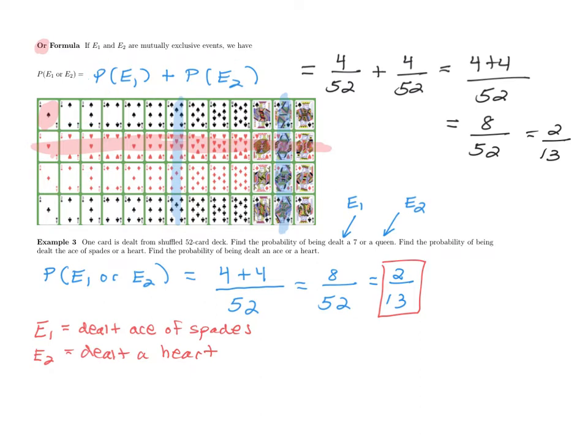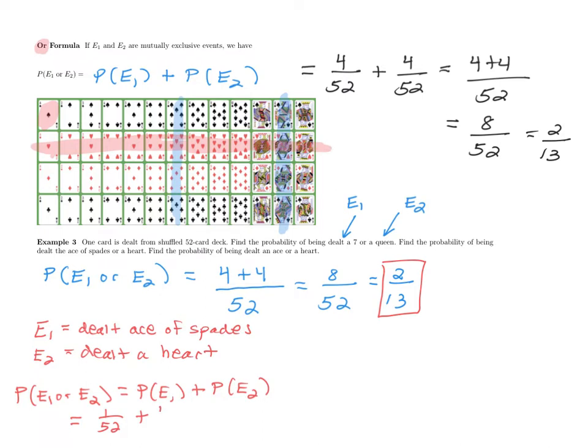Let's do that. The probability that E1 or E2 occurs is the probability that E1 happens plus the probability that E2 happens. The probability of E1 is, there's exactly one way this occurs. That is 1 out of the total 52. And then the way E2 happens is, well, there's 13 out of 52 ways that can happen.